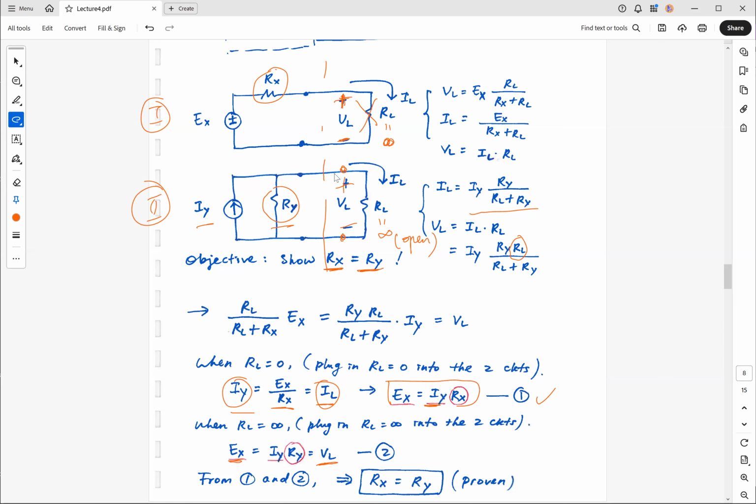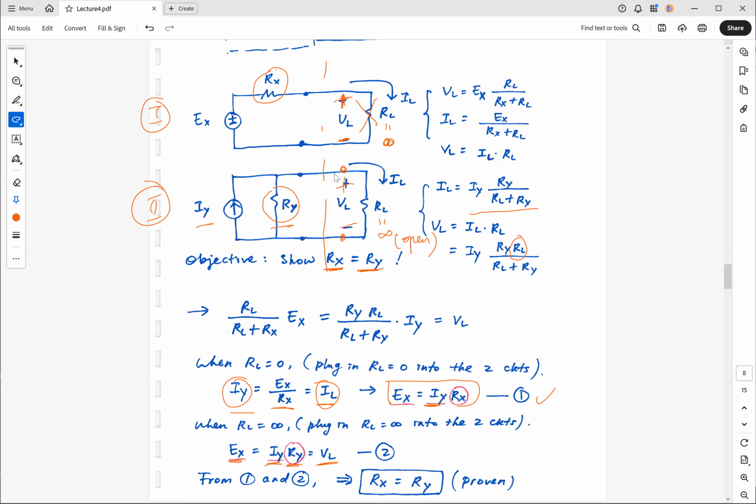So in this case, I have IY times RY, and that will give me VL. Again, this is just one equation, but this equation gives you the information coming from these two circuits. So I can just use one simple equation to describe this condition when RL is equal to infinity for both of these circuits.